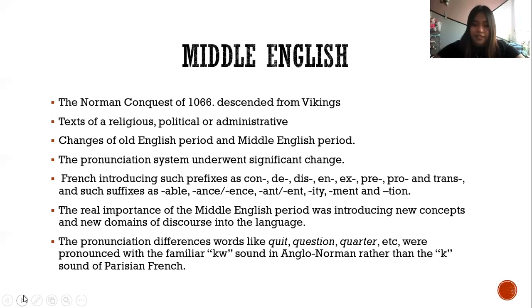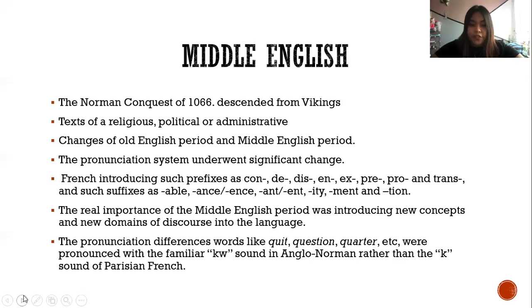The event that began the transition from Old English to Middle English was the Norman Conquest, when William the Conqueror invaded the island of Britain from his home base in northern France and settled in his new acquisition along with his nobles and court.